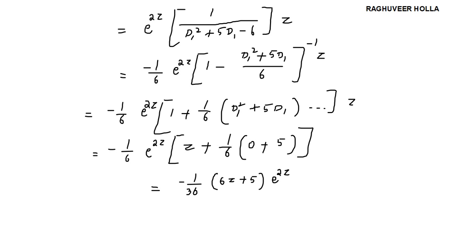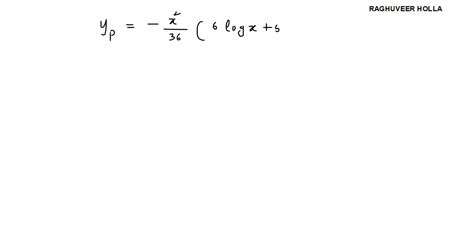Further after that, your yp would be minus x square divided by 36 and multiplied by 6 log x plus 5.